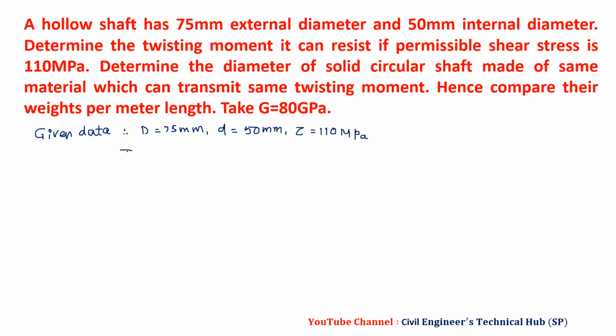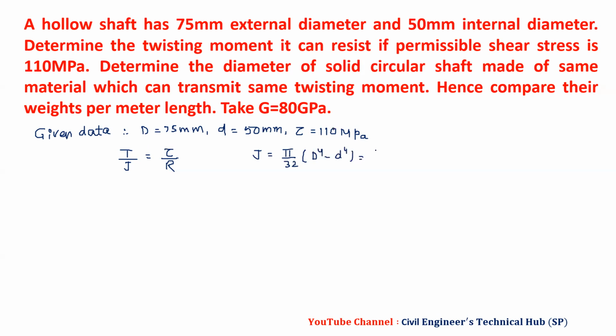So the formula we have is T by J equal to tau by R. And then J we can have equal to pi by 32 (D^4 minus d^4).